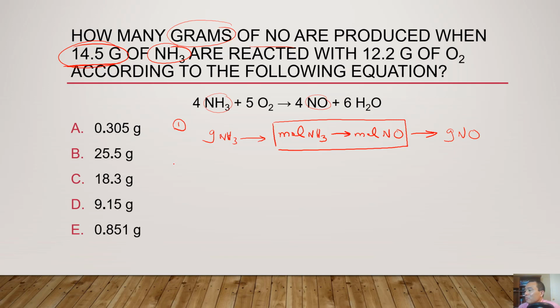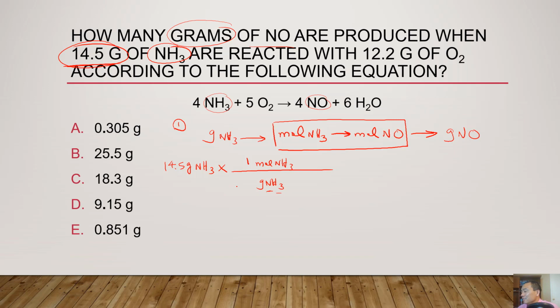We started with 14.5 grams of NH3 times grams of NH3 and a mole of NH3. This is the molar mass relationship. 1 mole is the formula mass. The formula mass is 1 nitrogen and 3 hydrogen.